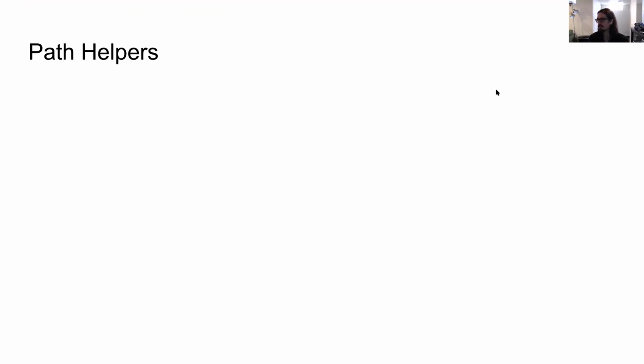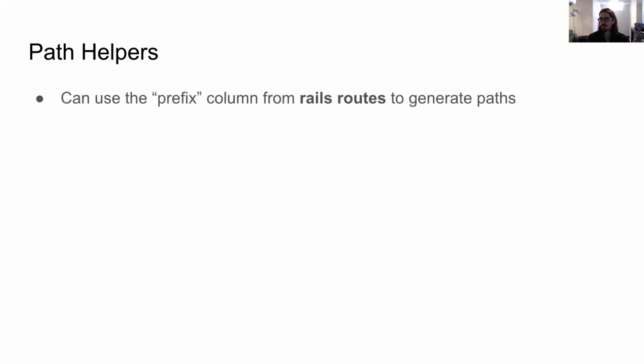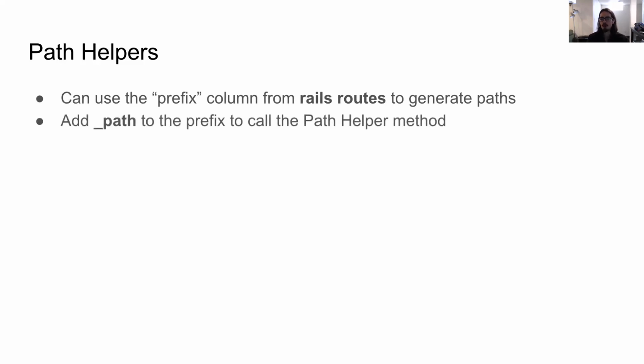The one thing we haven't really gotten to today is the path helpers. Path helpers are where that prefix column comes in when we use rails routes. The way this works is that you can add _path onto any prefix, and this will call the path helper method. This will generate a path for you.